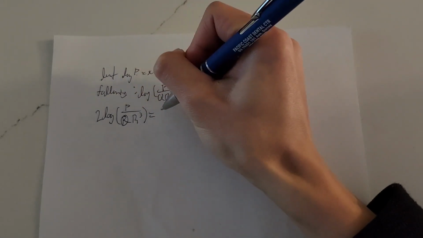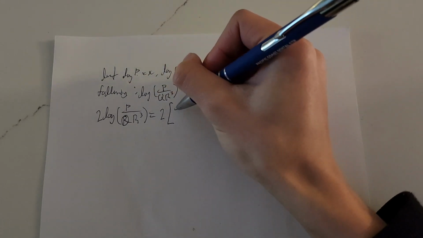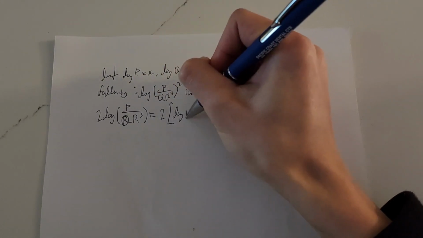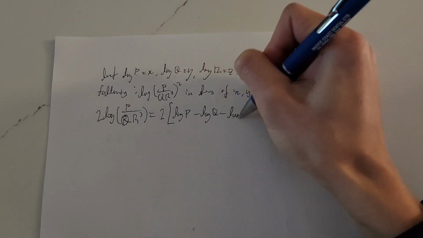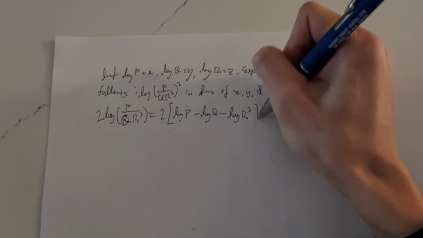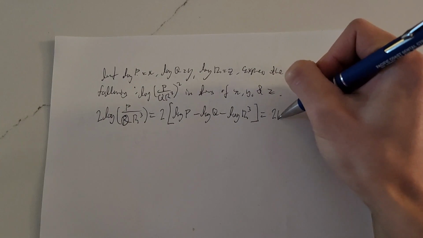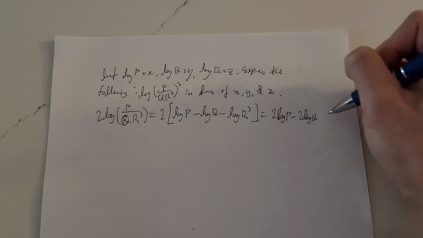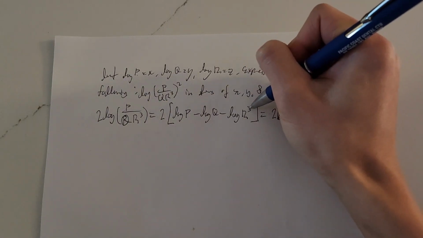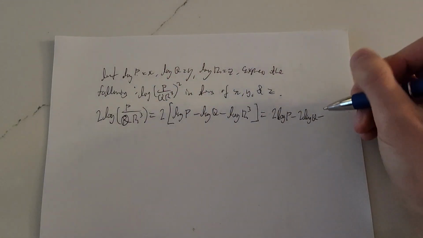And this is also equal to 2 times, and then according to the quotient rule, we would have log p minus log q minus log r cubed, right? And simply distributing gives us 2 log p minus 2 log q minus, and then here we have the subject of the logarithm, which is r, raised to the power. So according to the law of exponents, we have to bring it down. 2 times negative 3 is negative 6.